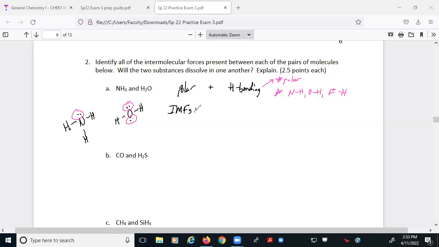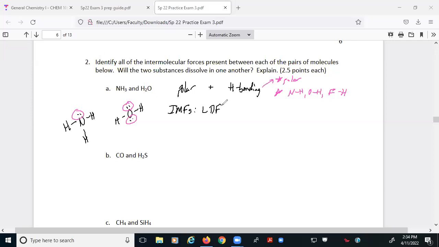Well, pretty much all of them, with the exception of ion-dipole. Everything has London dispersion forces. So if a question asks us to identify all of the forces that are there, London dispersion forces is always a correct answer because they're in everything.